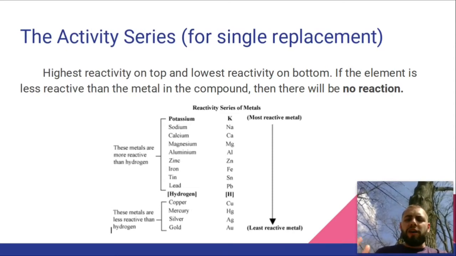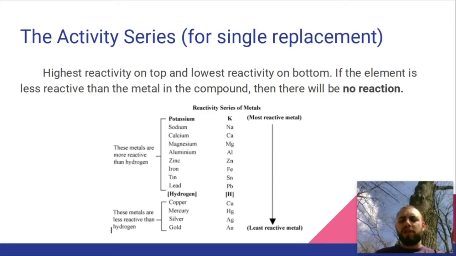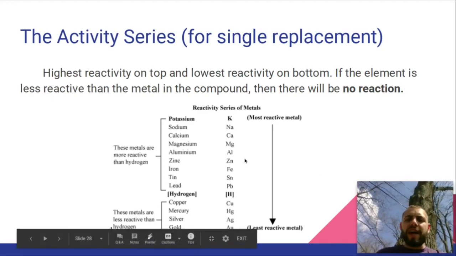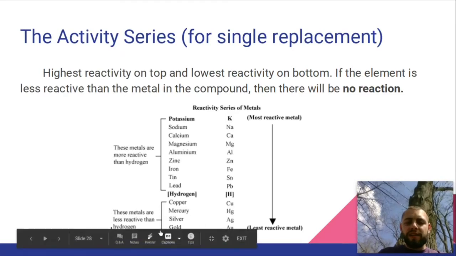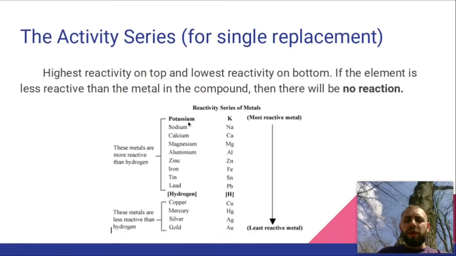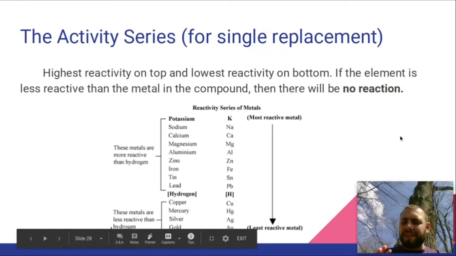So if we've got our elemental form, that's just an element by itself, it wants to react with a compound. This activity series is going to tell us if it'll actually react or not. Some single replacement reactions actually just don't react. If you take a stable metal and try to react it with maybe a compound with potassium or sodium, that stable metal is just going to stay by itself.